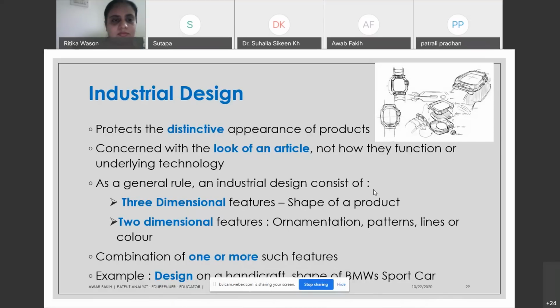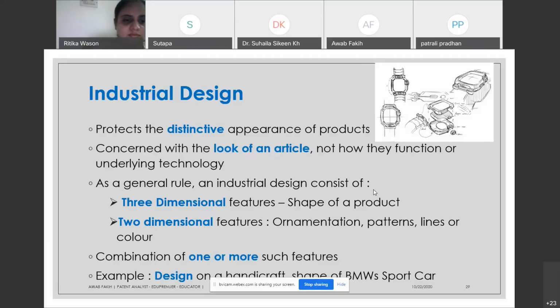The design protects the distinctive appearance of a product. This right is only concerned with the look of an article, not how it functions. Very important.